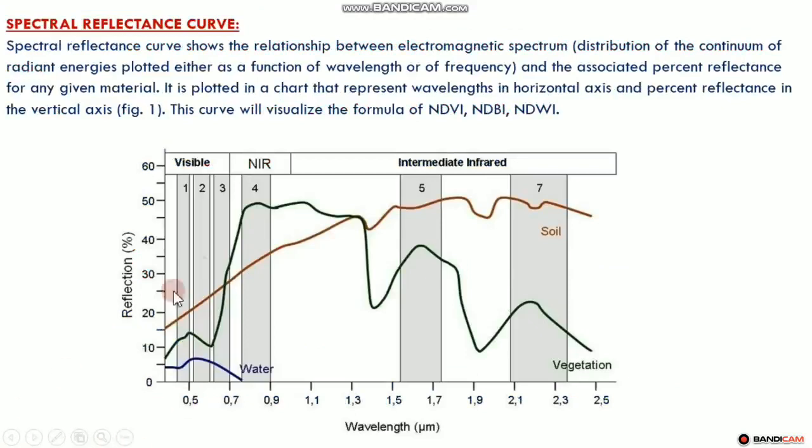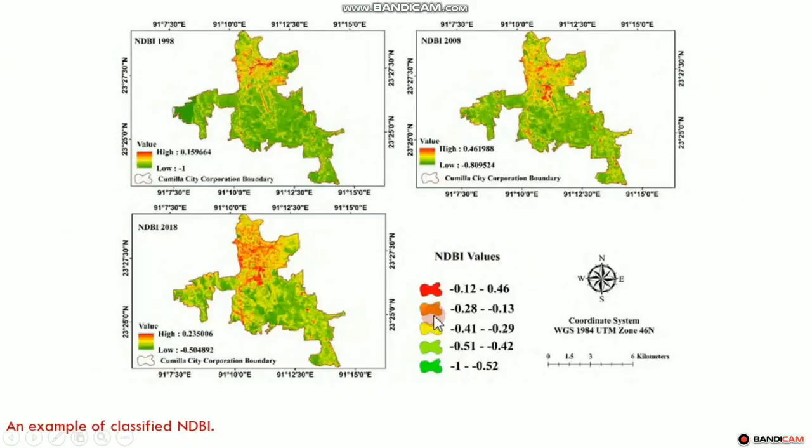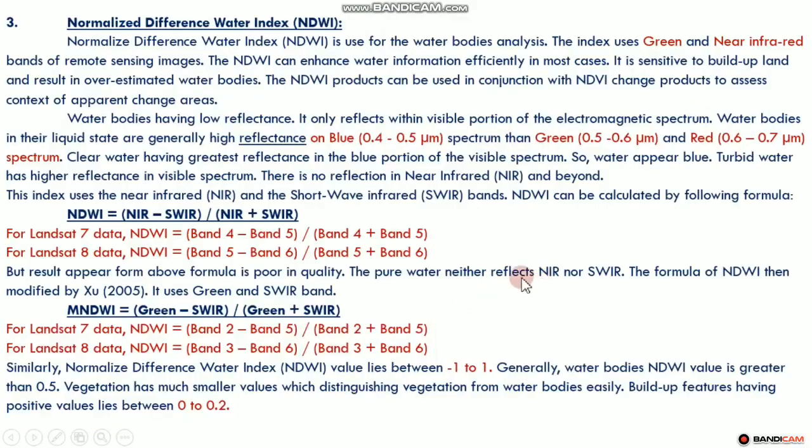For water, it ends immediately after the visible light in the spectrum, so there is no reflectance once it reaches the near infrared or the intermediate infrared. Okay, now let's proceed. Now the index uses the near infrared and the short wavelength bands in order to calculate the Normalized Difference Water Index.